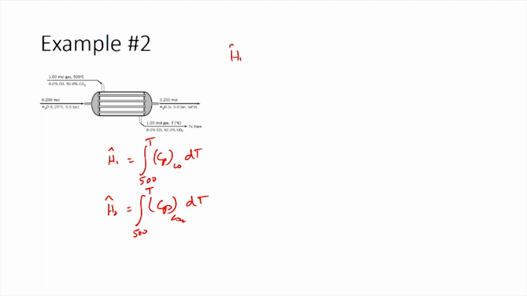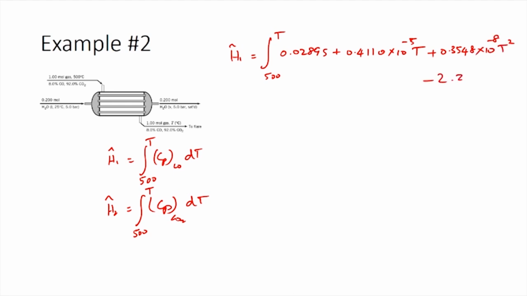So, our H1 cap would be equal to the integral from 500 to T of 0.02895 plus 0.4110 times 10 power minus 5 T plus 0.3548 times 10 power minus 8 T squared minus 2.22 times 10 power minus 12 T cube dt. Integrating this, we get a polynomial which would have the fourth order of temperature.